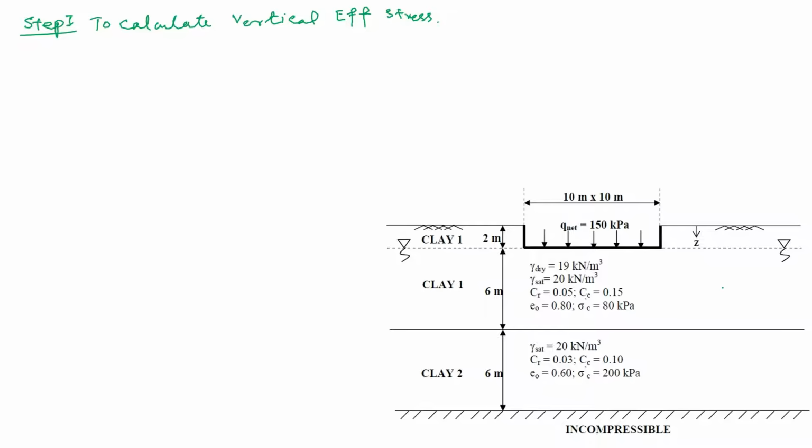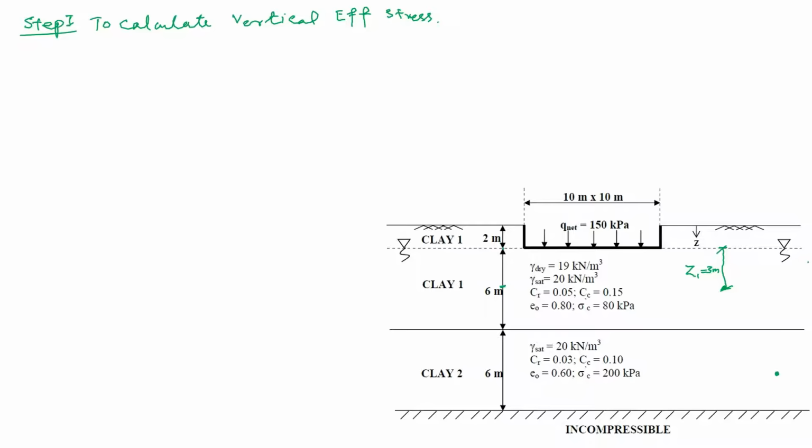This is clay layer 1, and we will stop at the midpoint. This is clay layer 2, and we will stop at this midpoint. For the first clay layer, we will call this distance Z1. This will be 3 meters because this whole layer is 6 meters. From this point to the center, it will be 3 meters.